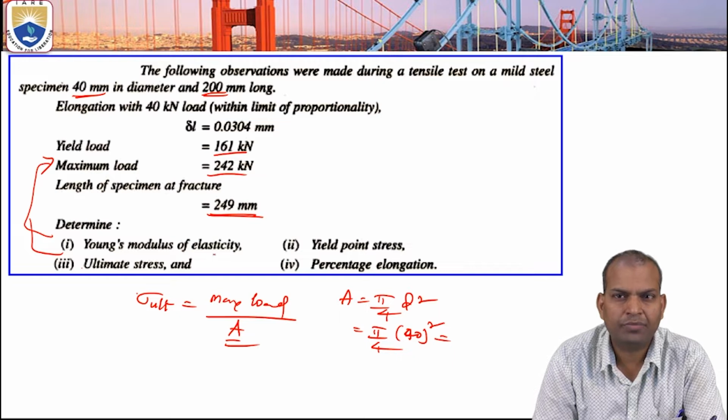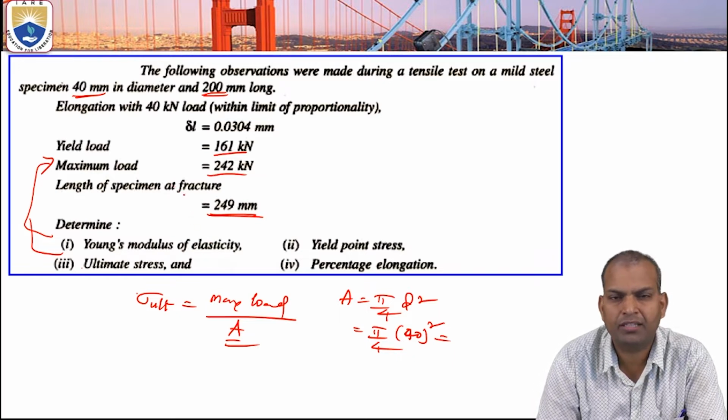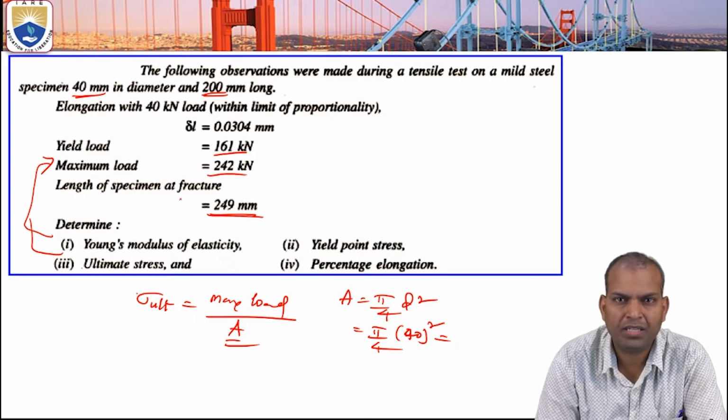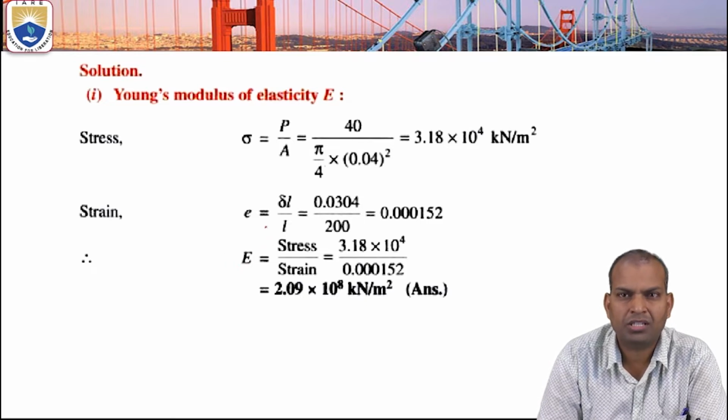Similarly, yield point can be calculated. Yield point stress equals yield point load over area. Yield load is 161 kilonewtons. Thus we can calculate the modulus of elasticity, that is stress by strain, where stress equals load per area and strain equals change in length by original length.